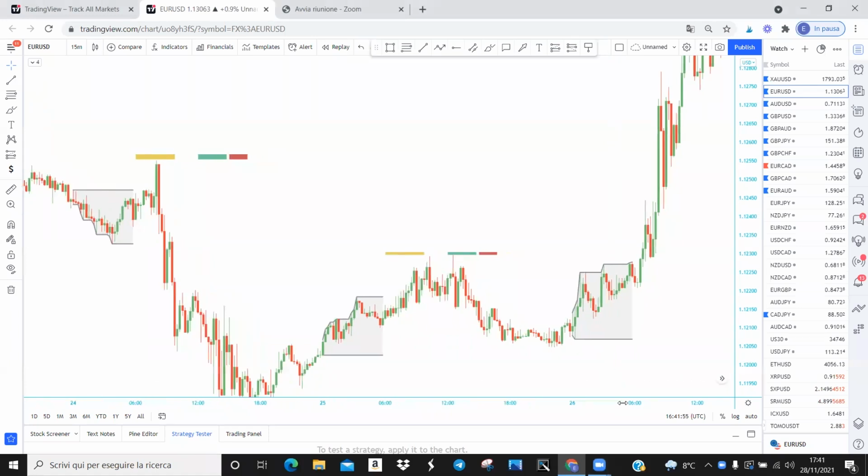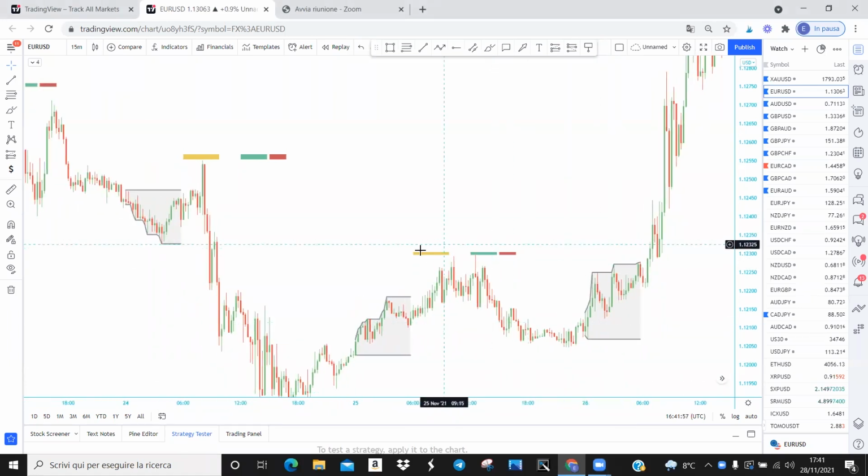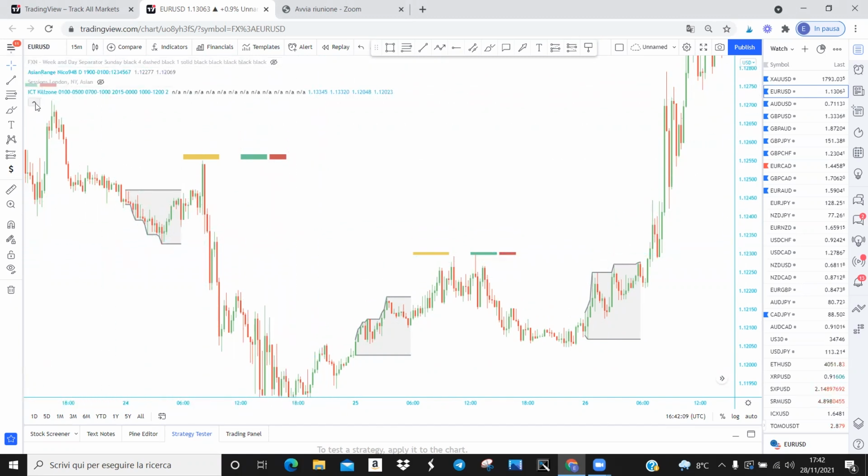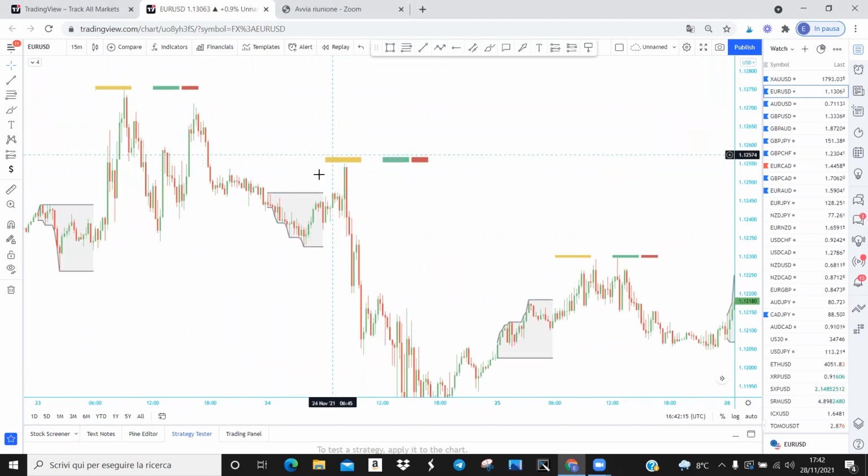What's up, everyone? In the previous video, we saw how to use the kill zones and how we see the London manipulation and possibly New York pullback or New York reversal. Now, in this video, I just wanted to show you how it is used together with the Asian range, which is pretty obvious as London is right after the Asian session.